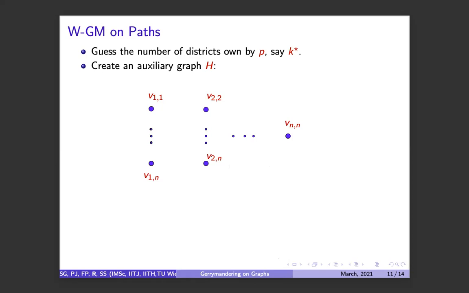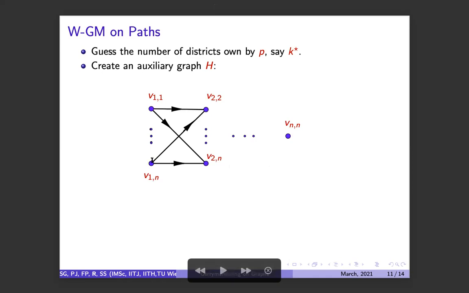To encode this, we draw an arc from, sorry, this arc should not be there, from V1n to V22. So we draw an arc from the vertex which denotes a district Vij to a vertex which denotes a district Vj plus 1 to something.